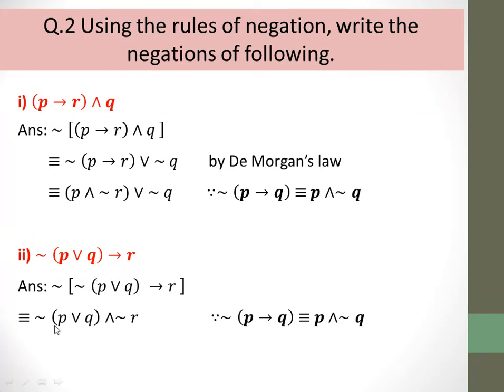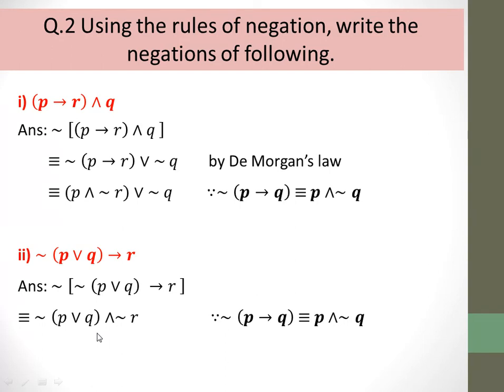Then you can understand how to use this rule here. So it becomes P, negation of P or Q, and negation R by this rule. Apply it here carefully, then you will get the idea about this step.